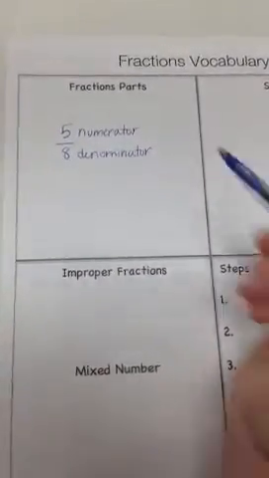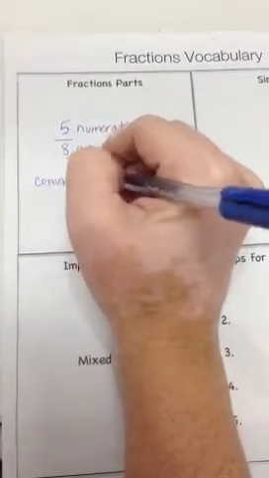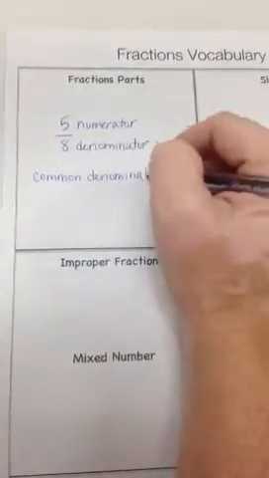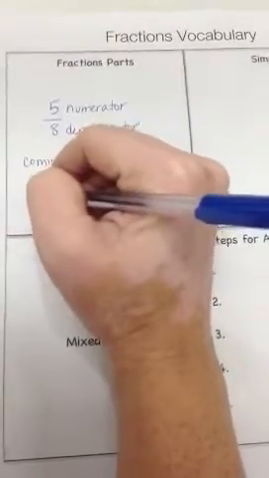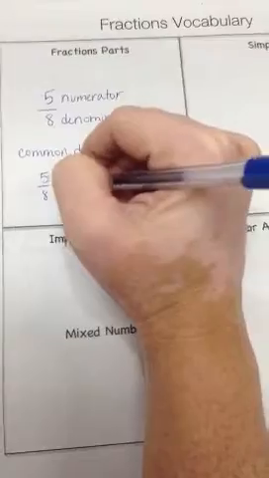When we do ask you to get a common denominator, that is where you get the bottom of the fraction to look the exact same. For example, 5/8 plus 3/8.